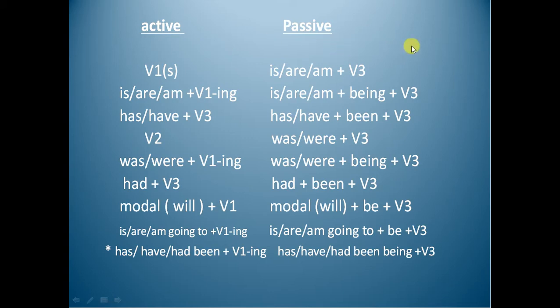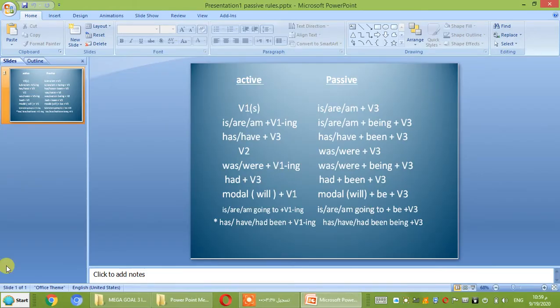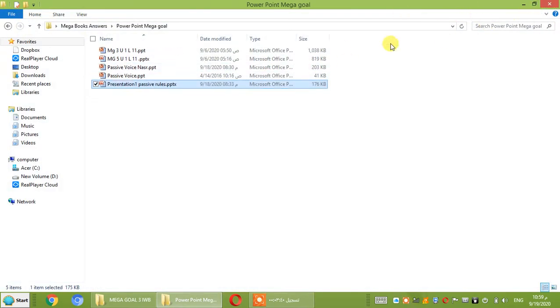Of course, when you change active into passive, as you know, you put the object instead of the subject. You bring the object at the beginning of the sentence. تبدأ بالمفعول به بدل الفاعل. Let's go back to our lesson now.